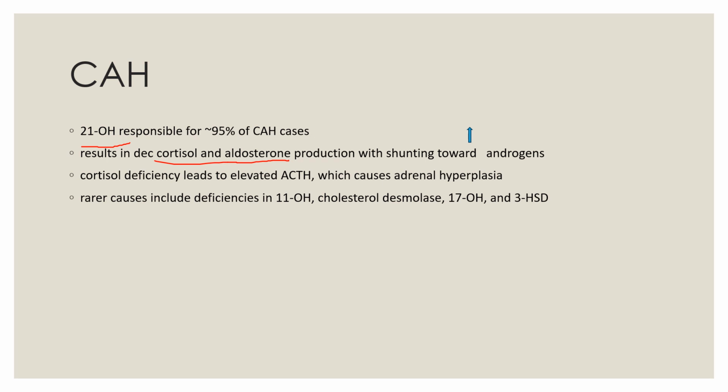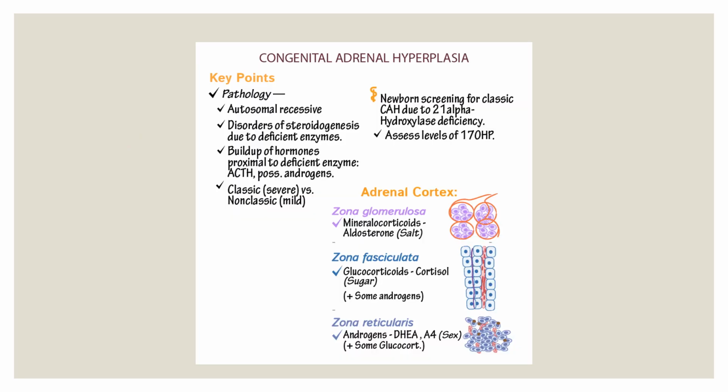So they shunt towards increased androgen production. Cortisol deficiency will lead to elevated ACTH because the negative feedback is gone. So that will lead to adrenal hyperplasia. The rarer causes include 11-hydroxylase deficiency, cholesterol desmolase deficiency, 17-hydroxylase deficiency, etc.